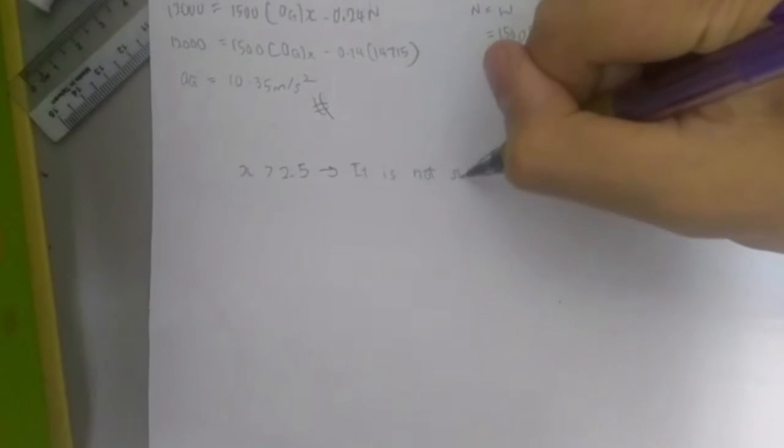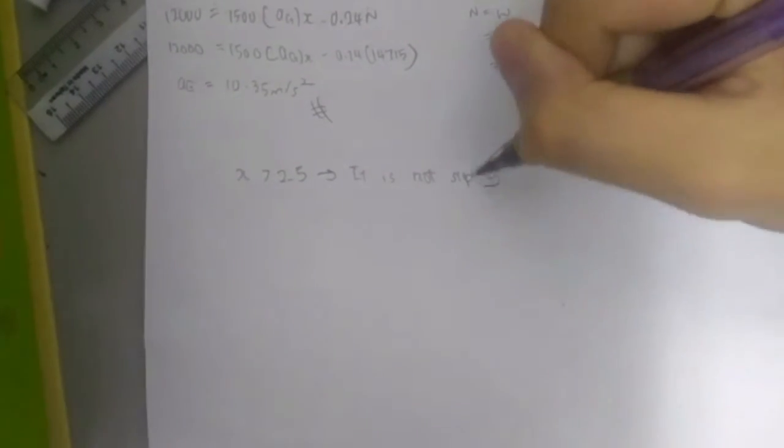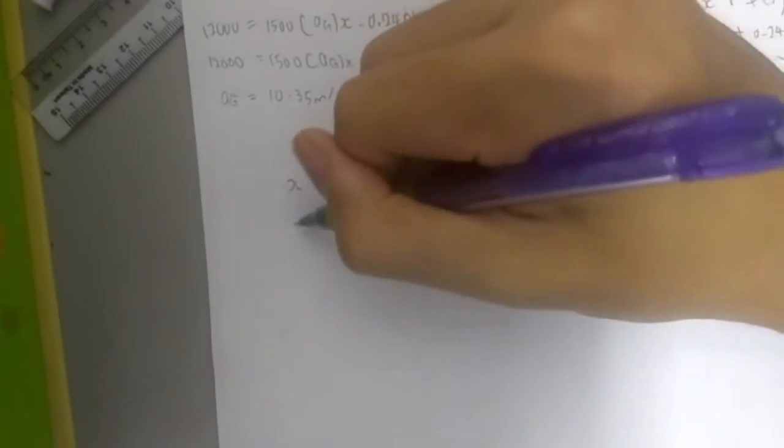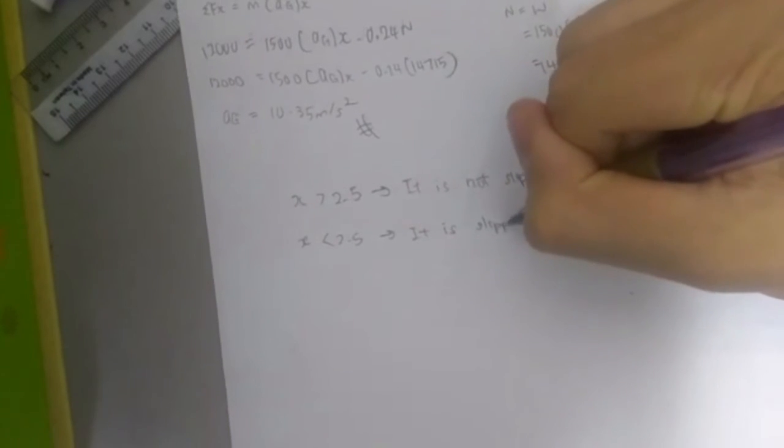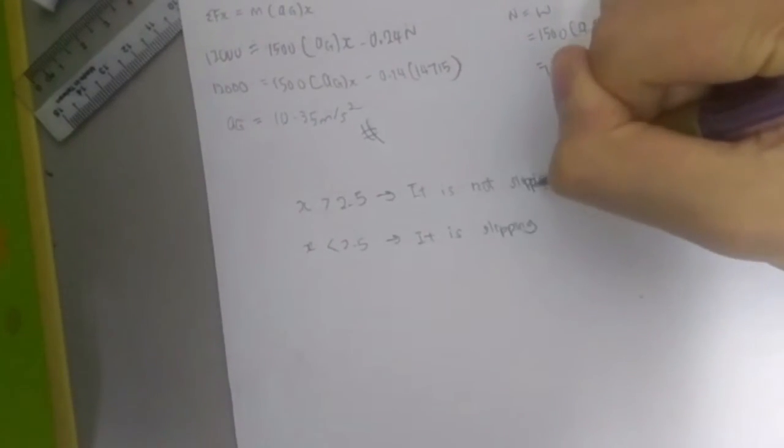As I said just now, if the x is bigger than 2.5, it means the car is not slipping. And if this x is lower than 2.5, it means it is slipping.